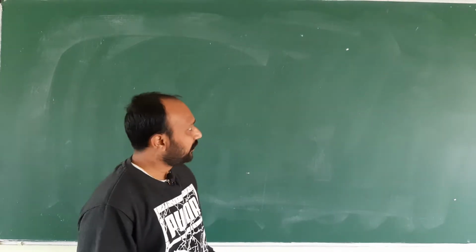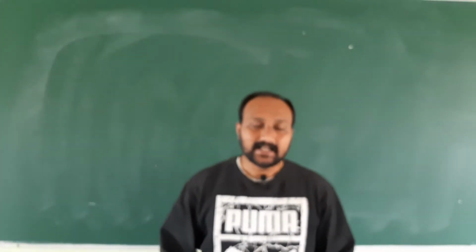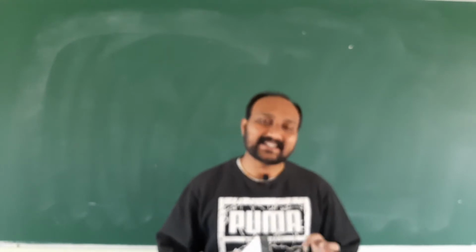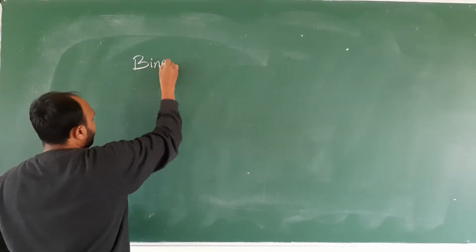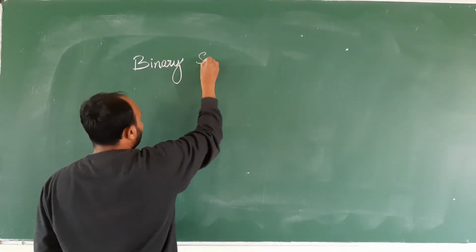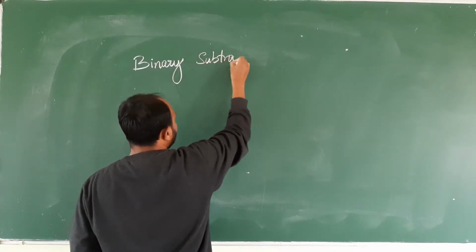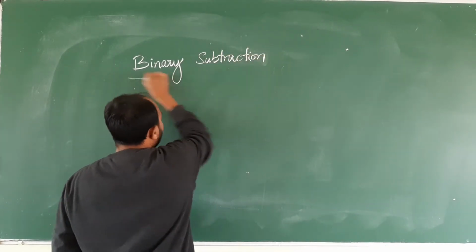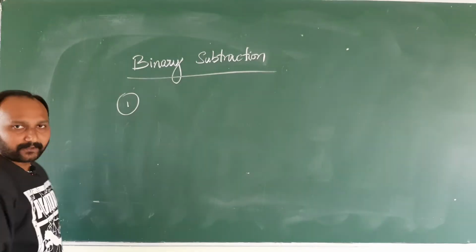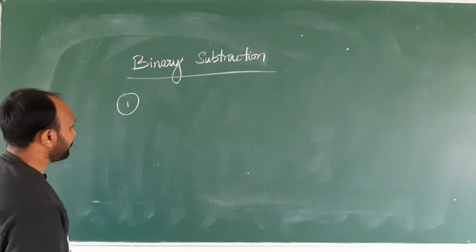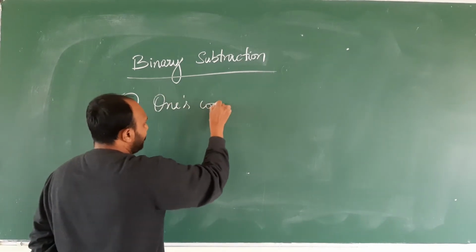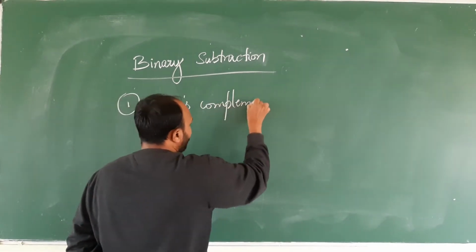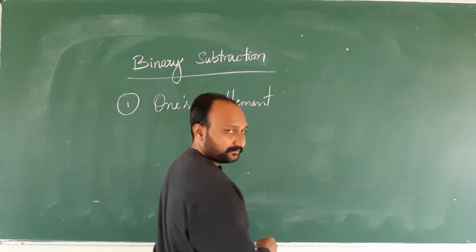Dear students, in this video let us study how to perform binary subtraction. In binary subtraction there are two different methods. The first one is referred to as one's complement subtraction.